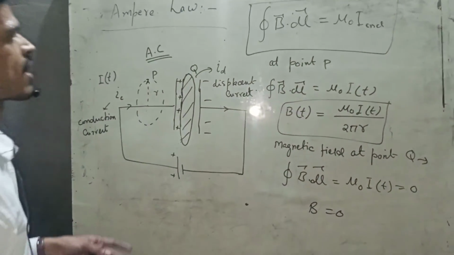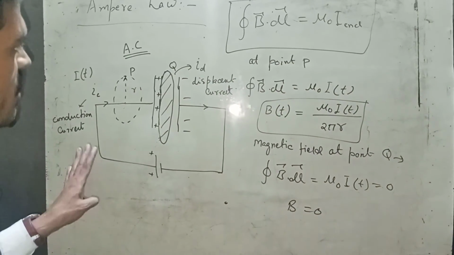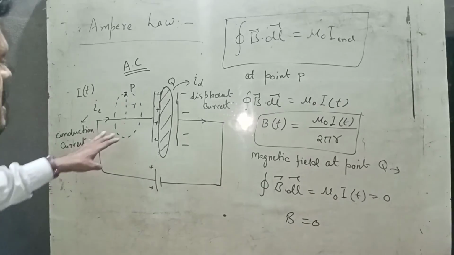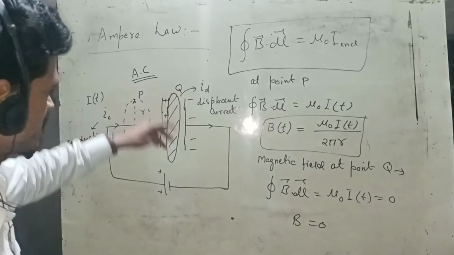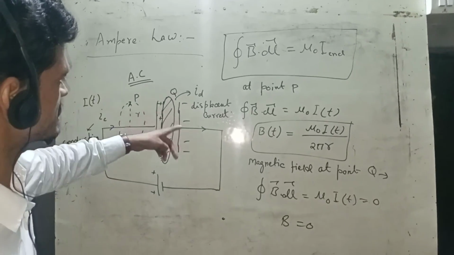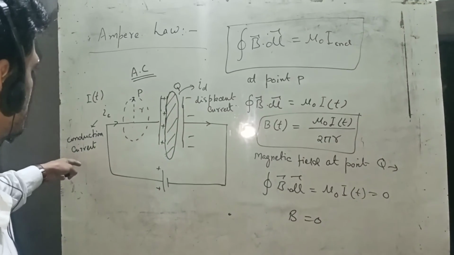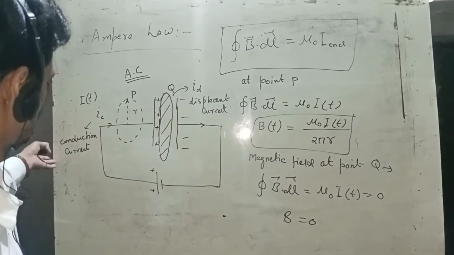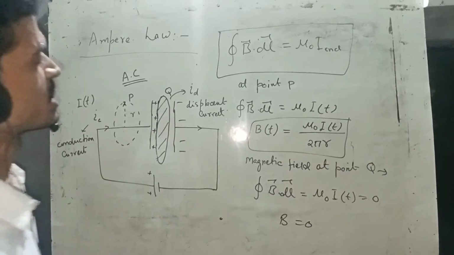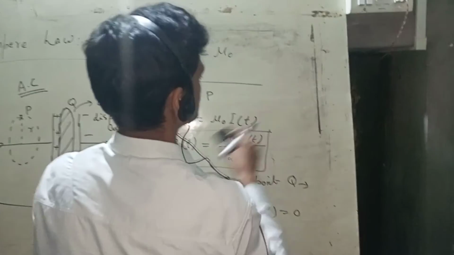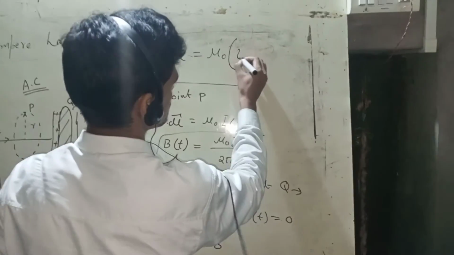Maxwell put forward a theory that there is an extra current flowing in this space, and he called this current displacement current. As we regularly know, the current in the wire is IC.